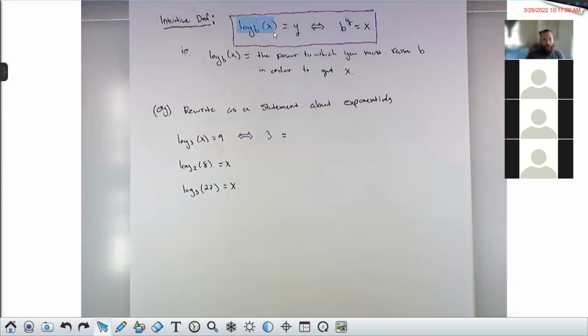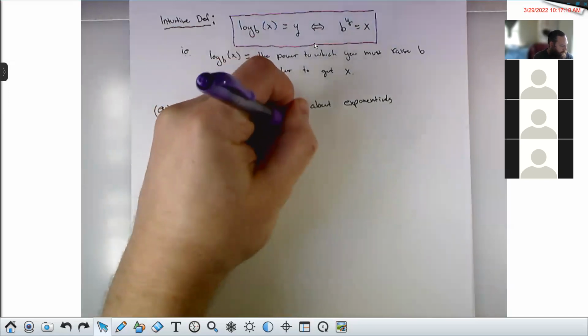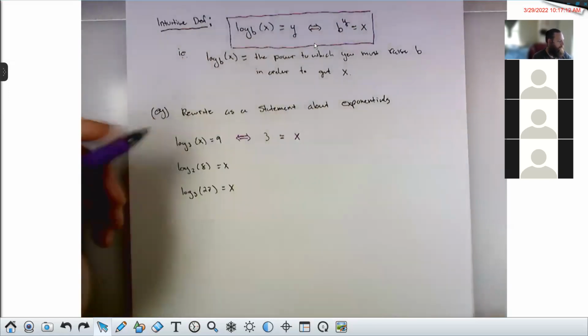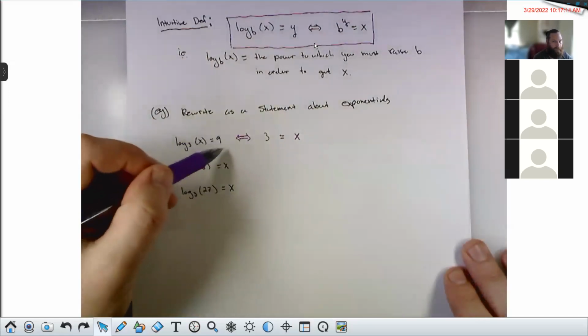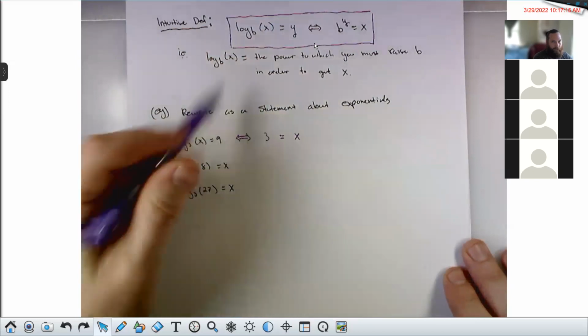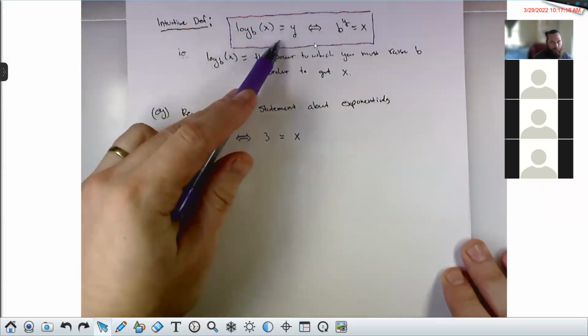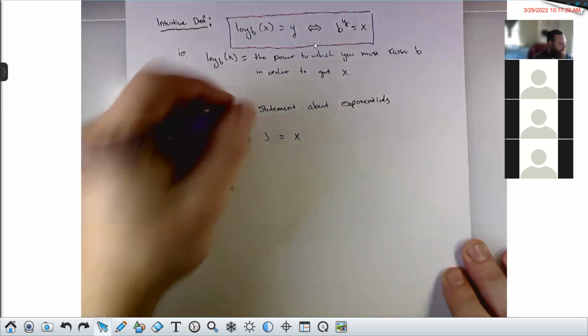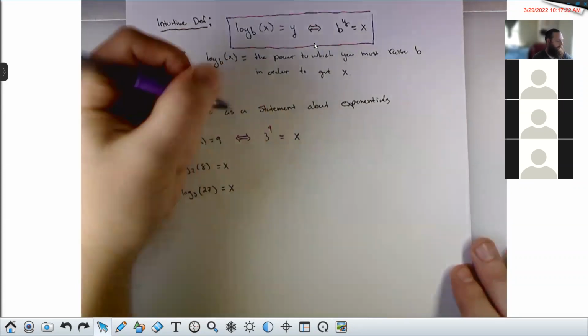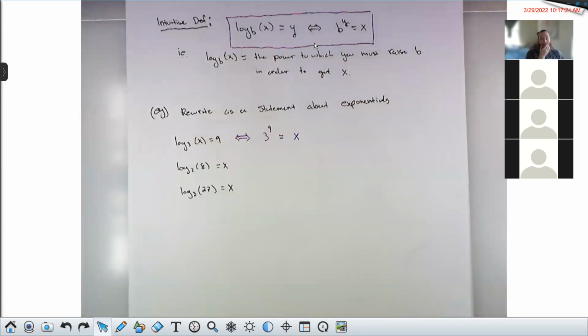The thing inside the logarithm is x here, and the thing inside the logarithm is x here. So where does that x end up in the exponential form? It ends up on the right-hand side. And the thing that starts on the right-hand side here is what ends up in the power here. So this says 3 to the 9 equals x.